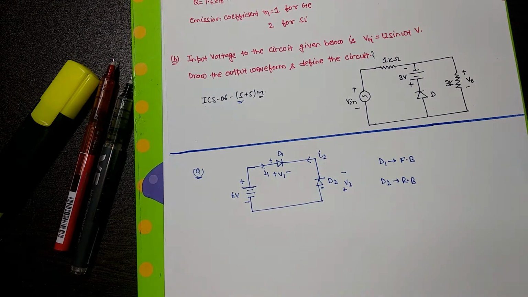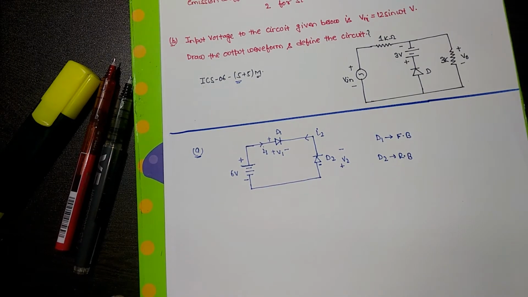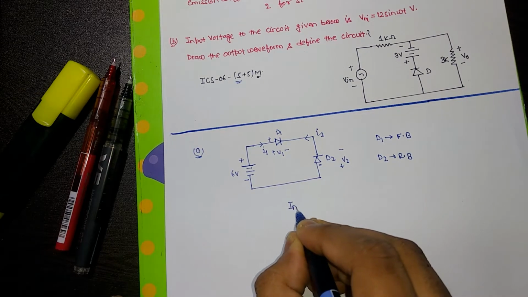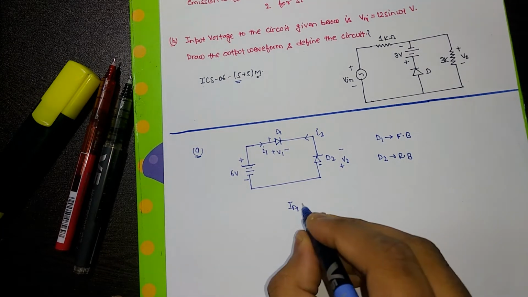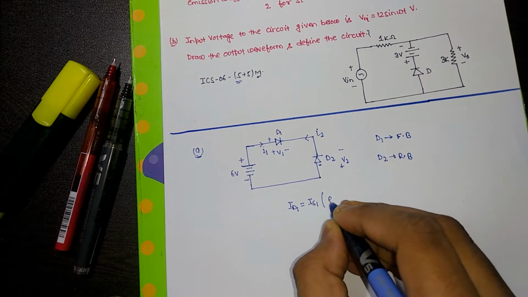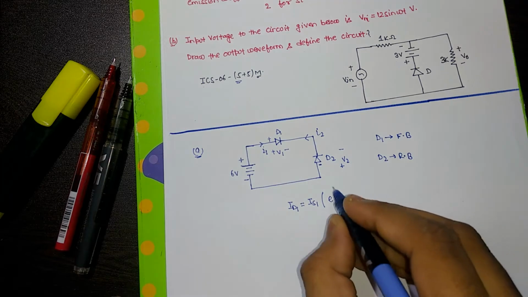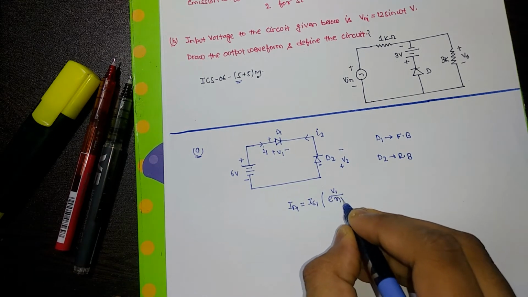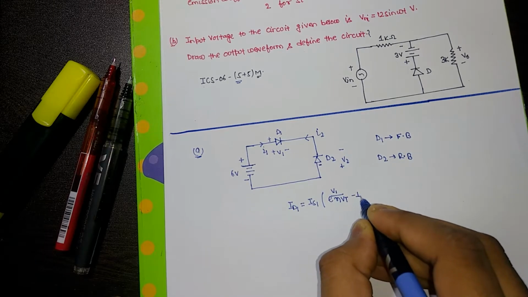Now, as D1 is in forward bias, the current through D1, that is ID1, from the diode current equation is I saturation 1 e to the power of V1 by eta Vt, minus 1.